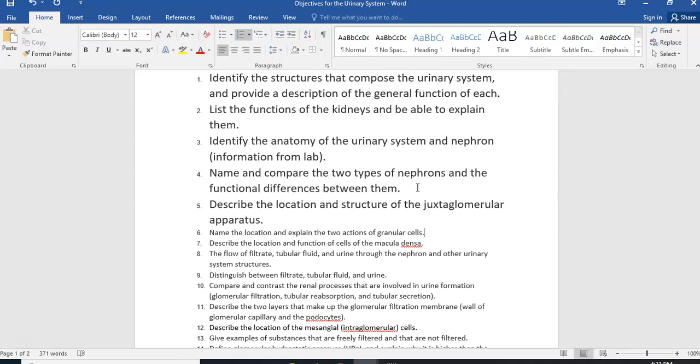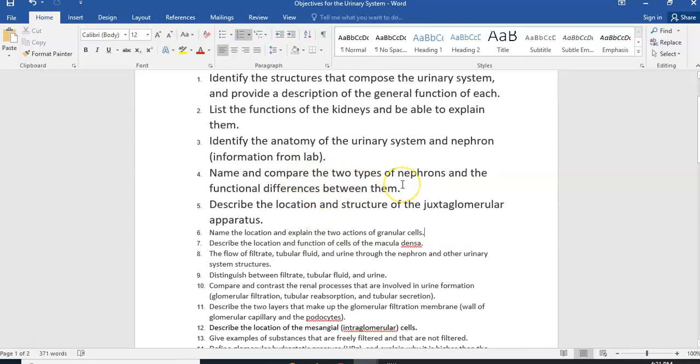Most of the nephrons are located in the cortex of the kidney, most of the parts of the nephron. Then those little loops that they have, loops of Henle or nephron loops, that's what distinguishes the 2 types of nephrons from each other.